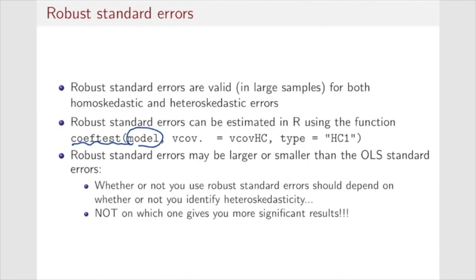Then it will change whether a coefficient is significant or not. So one lesson from here is that whether or not we use robust standard errors should depend on whether we find heteroscedasticity or not. It should not depend on which one gives us more significant results.